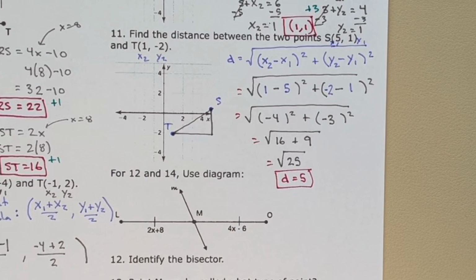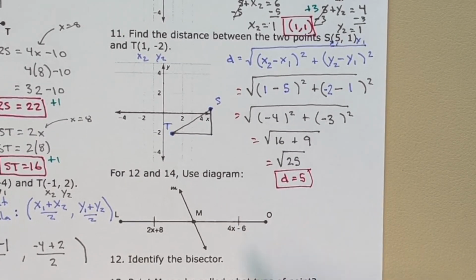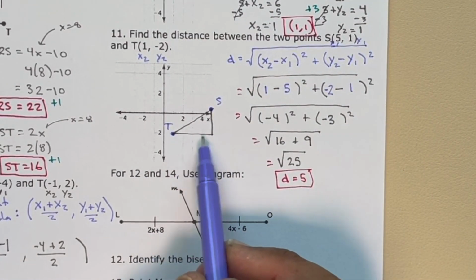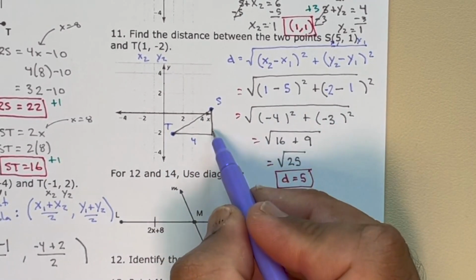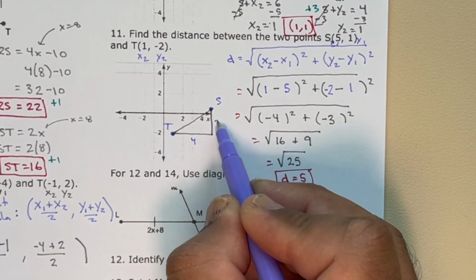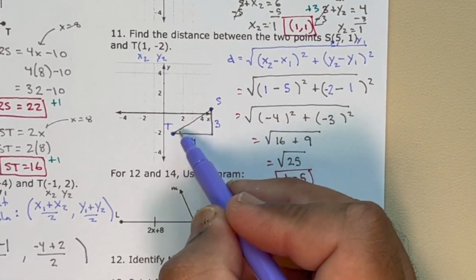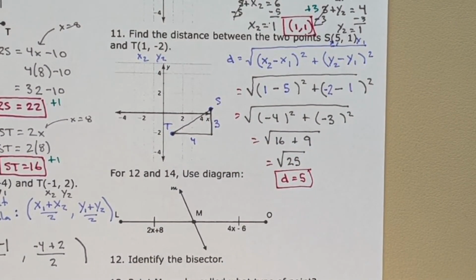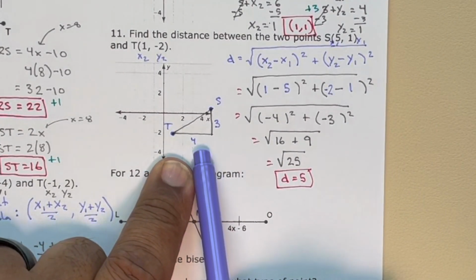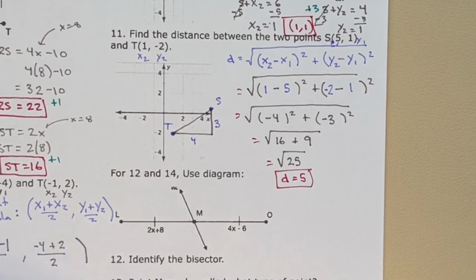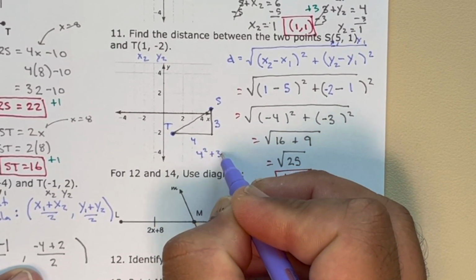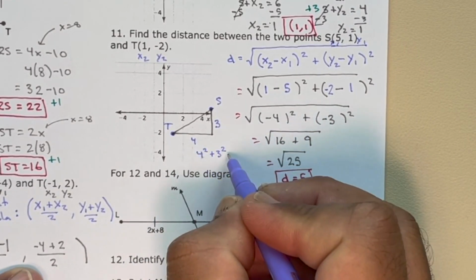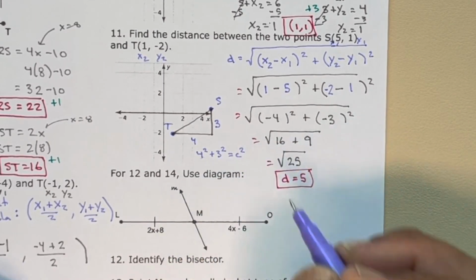So I would just count, what's this length? 1, 2, 3, 4. This length is 1, 2, 3. And I gotta figure out what my hypotenuse is, which is really just my distance. So if I plug 4 into the Pythagorean theorem, I'll have 4 squared plus 3 squared, and that equals my c squared, or my distance across.